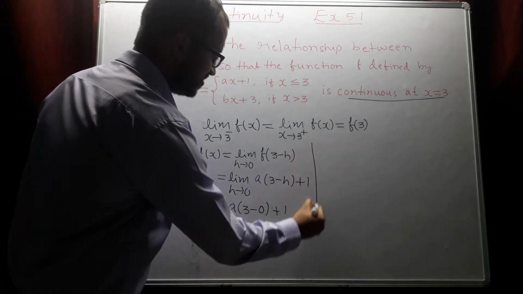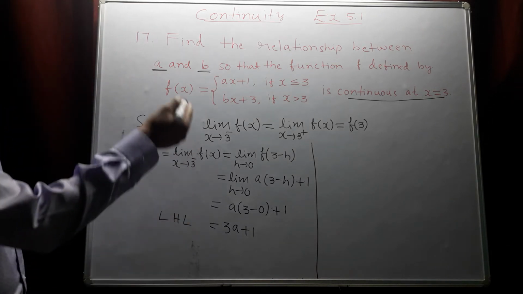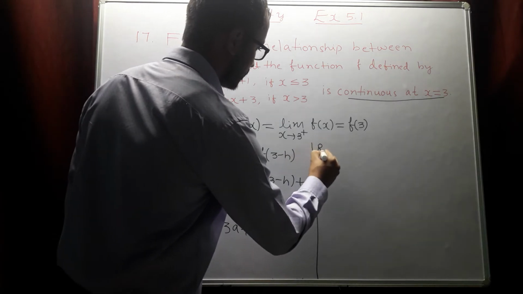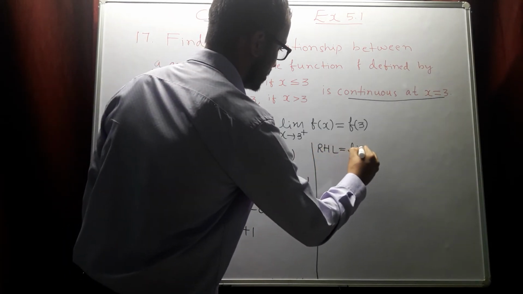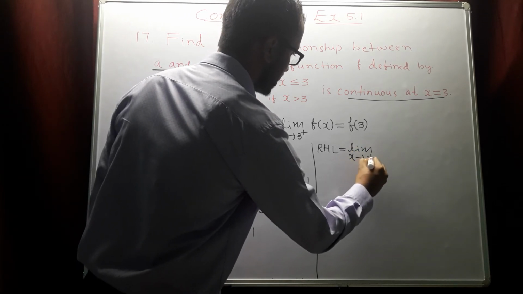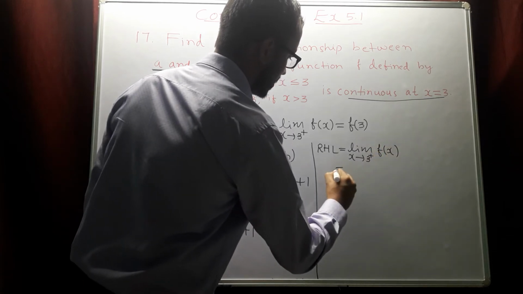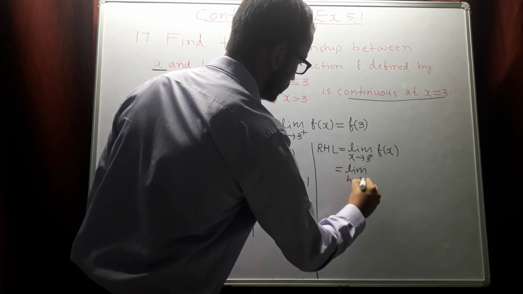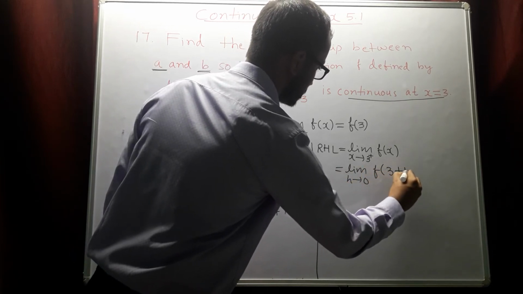Similarly, we compute the right hand limit of the given function. Right hand limit is equal to limit x tends to 3 plus f of x, that is equal to limit h tends to 0 of f of 3 plus h.